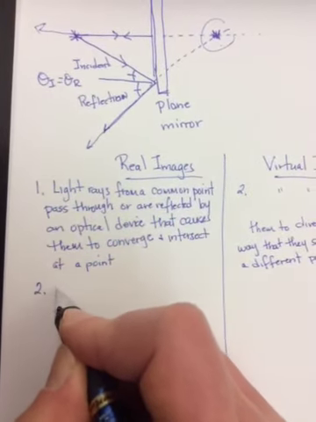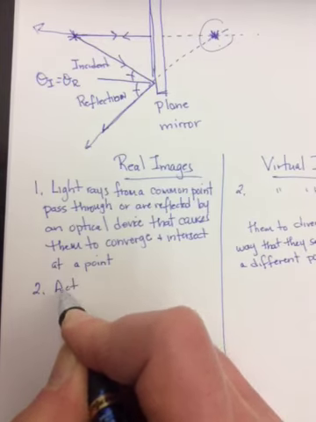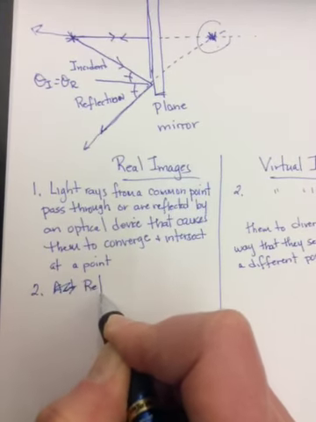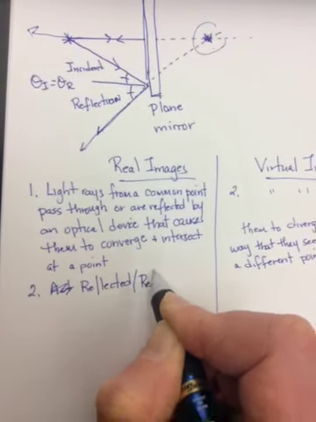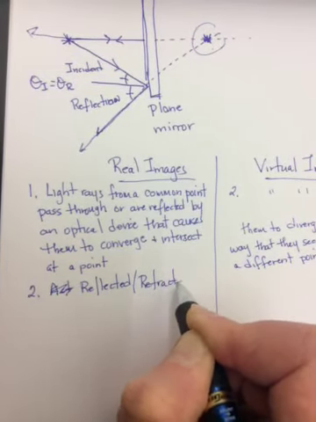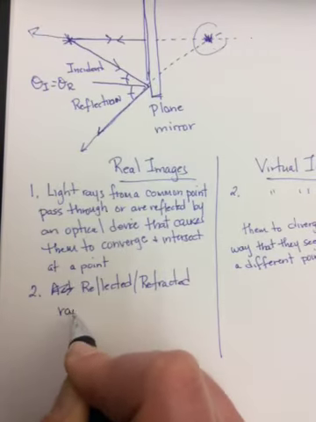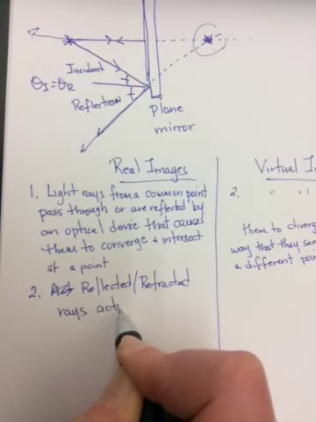So number 2, in a real image, reflected, or I guess refracted, rays actually intersect.